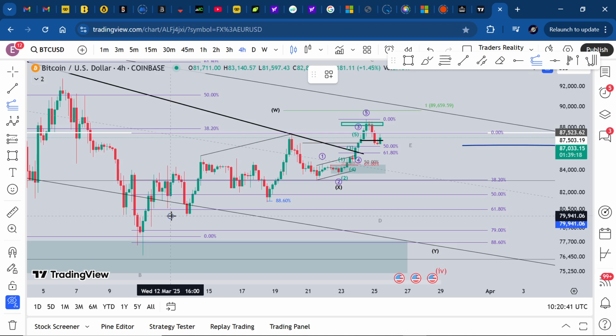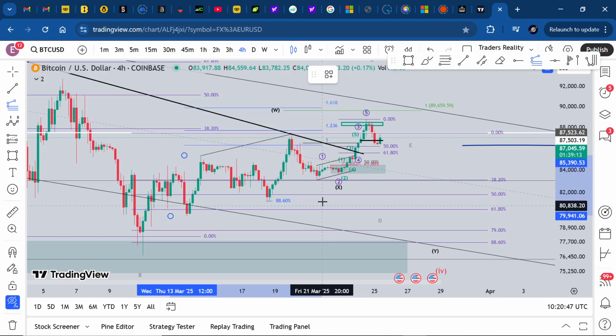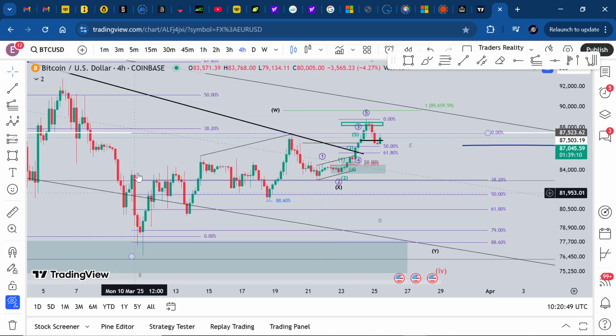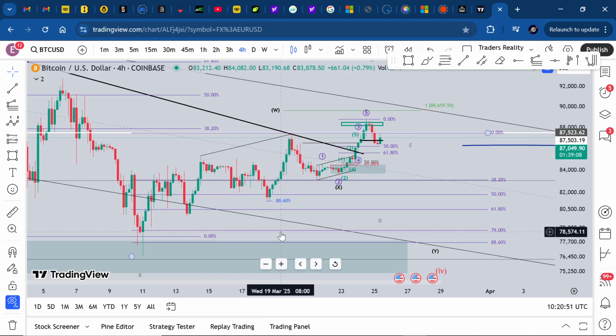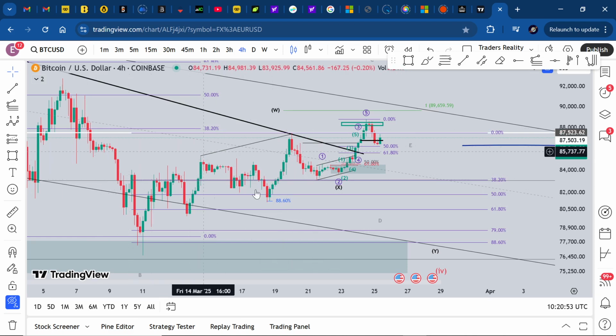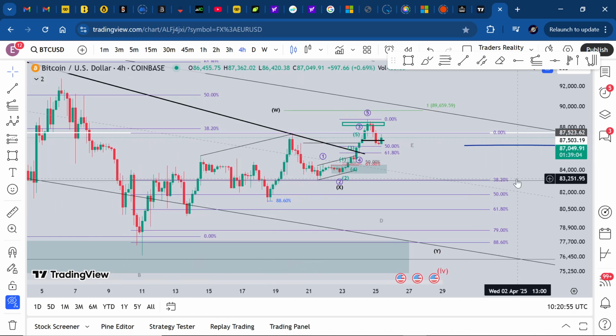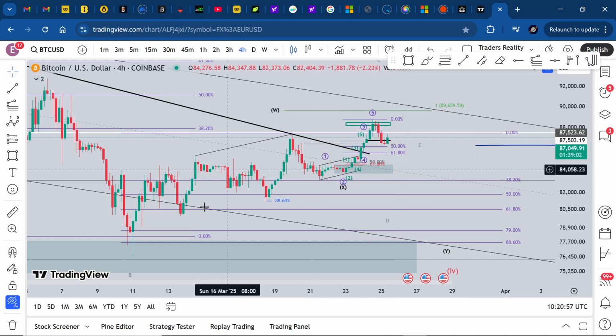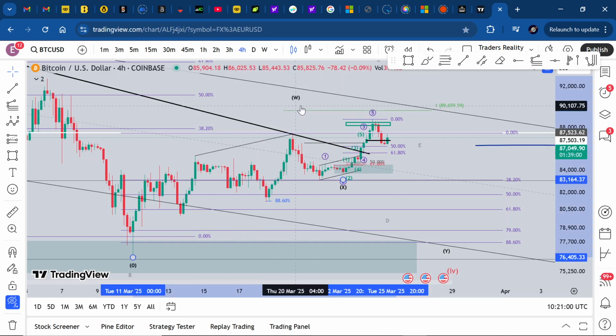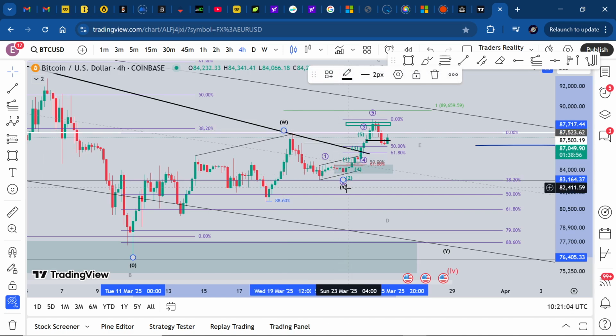Basically, if the 5 is shorter than the 3, there's a good chance it's a diagonal. And no, it's not. So therefore, it can only be a 1 2 1 2 1 2 or 1 2 1 2. Otherwise, it's corrective. All of this is corrective, and it is exactly this. W, X, and Y that we have here.